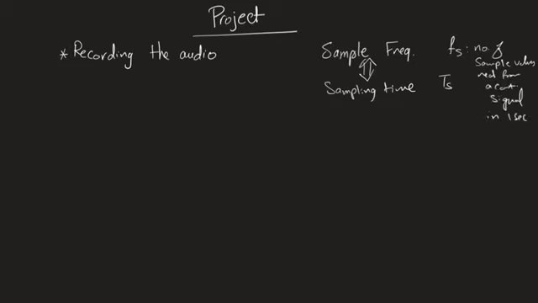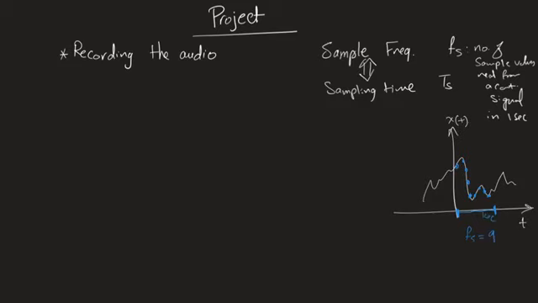Okay, so if this is your signal, if this is your voice as a function of time, your x of t, and this is 1 second, for example, and I've taken 1, 2, 3, 4, 5, 6, 7, 8, 9 samples here, then my Fs within 1 second is equal to 9. That's the number of samples that I've taken from this signal within 1 second.